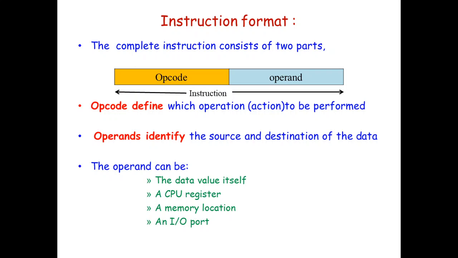Next one is memory location. The operand is held by one of the memory locations, meaning you take the data from the memory location and perform the action as per the opcode. Then next one is input output port, where data comes from an input device and then the action is performed. In this fashion there are various ways to access the data.